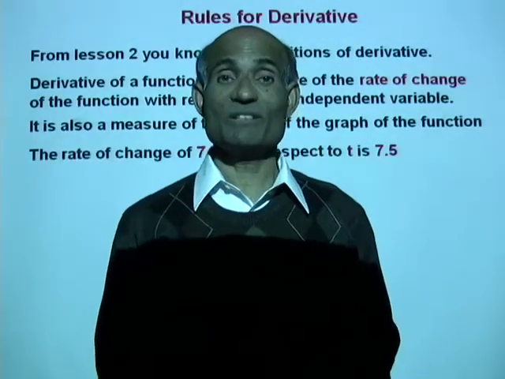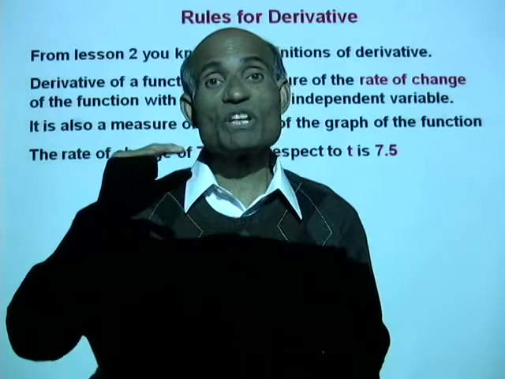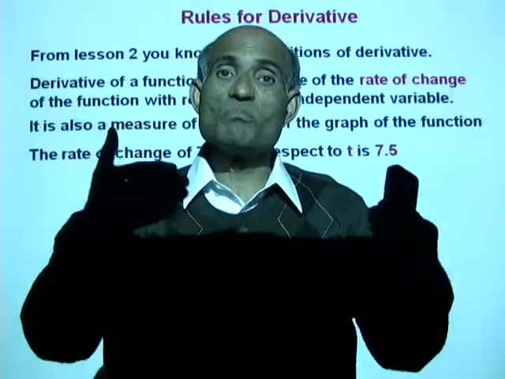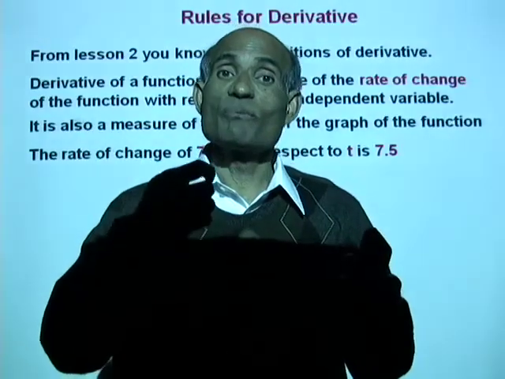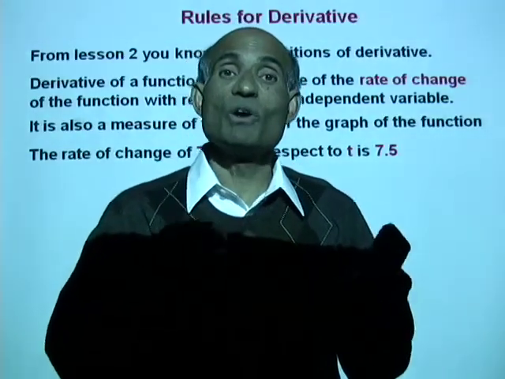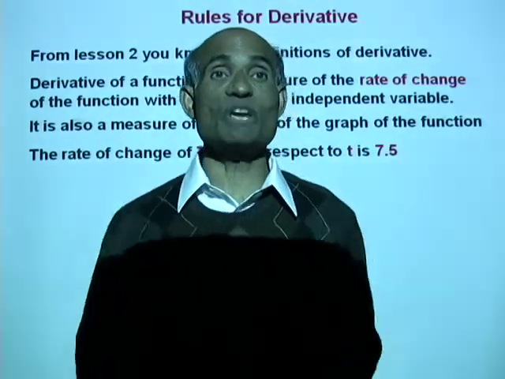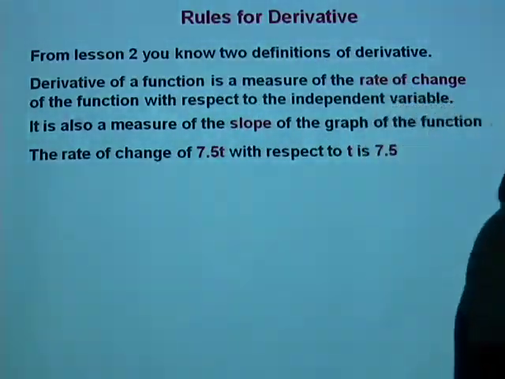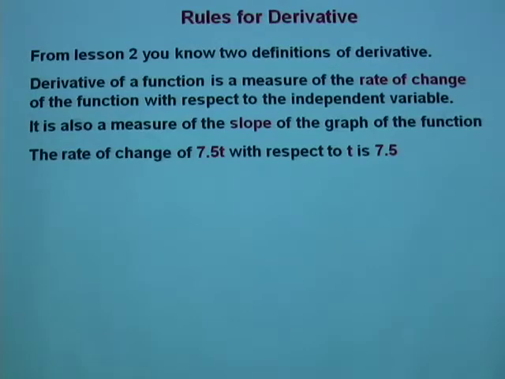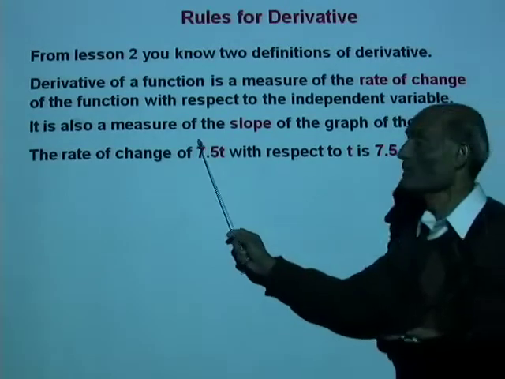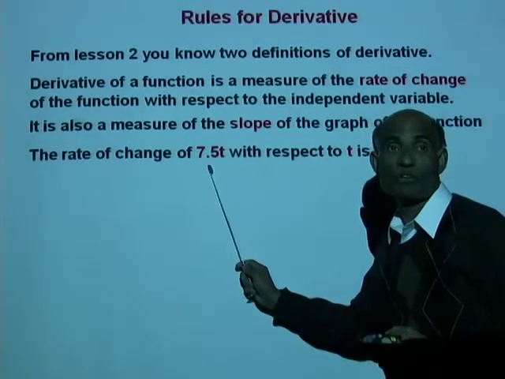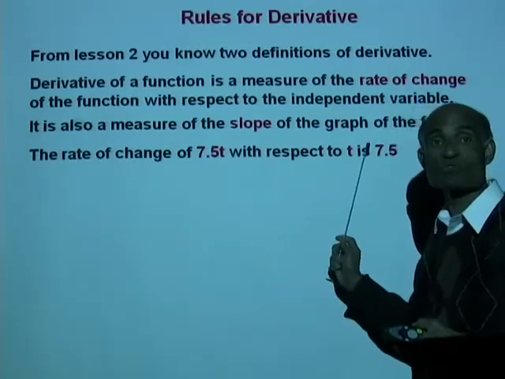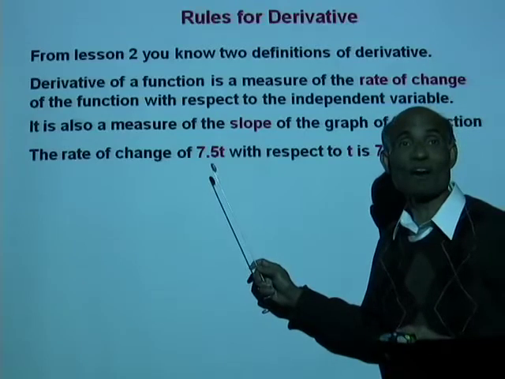Now, in this lesson, we will develop some very simple rules so that we don't have to use that cumbersome method of taking the limiting value of the average rate of change. Now, you know that the rate of change of 7.5t, you remember this, don't you? The rate of change of 7.5t with respect to t is 7.5.